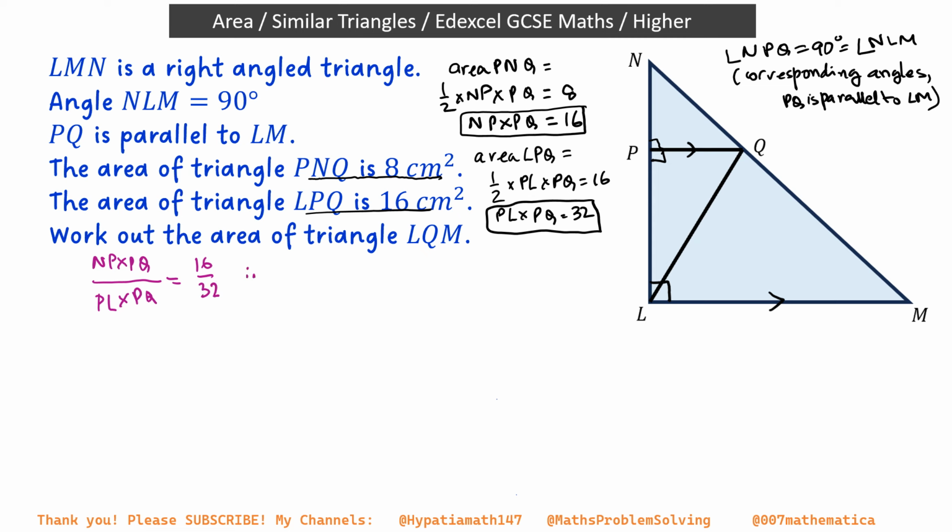If we cancel out PQ, we can write NP out of PL is equal to 1 out of 2, and therefore NP equals half PL. So we now have a relation here: NP is half of PL.